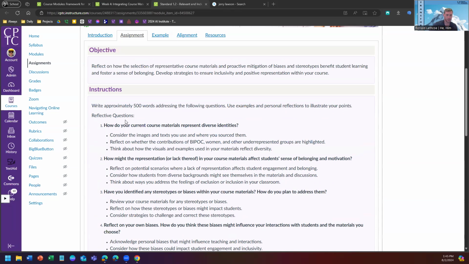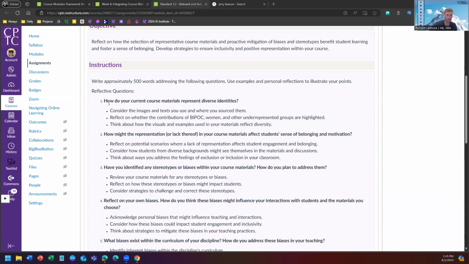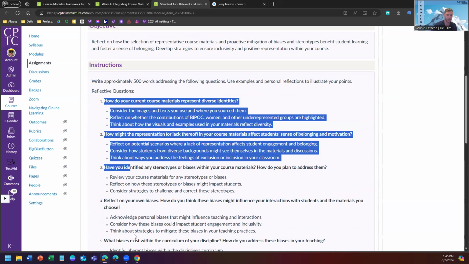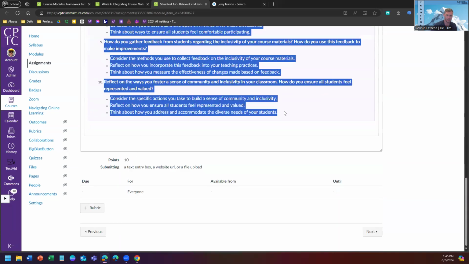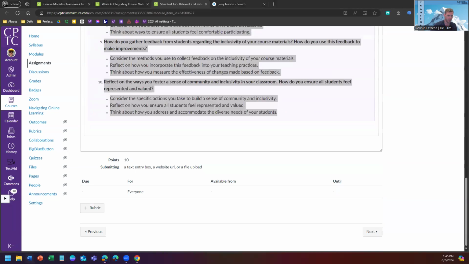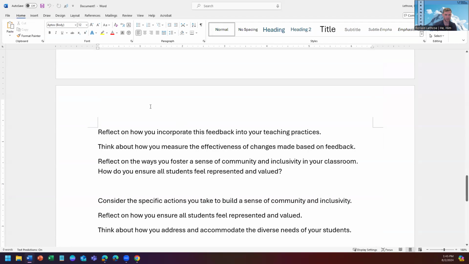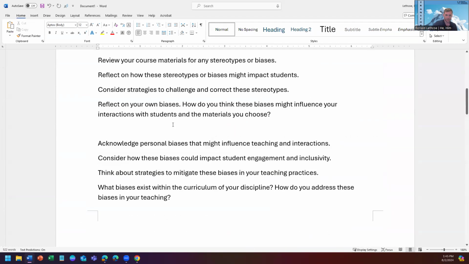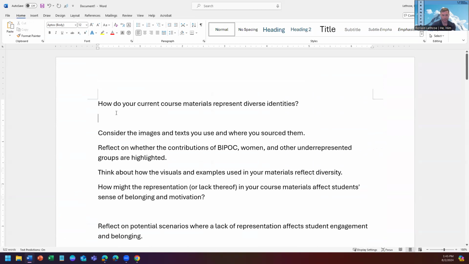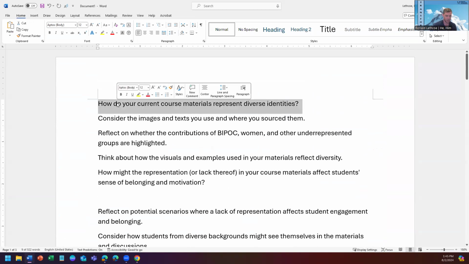A good way to do these reflection questions is to select all of these and copy them into Microsoft Word or a notebook, or whatever word processor is on the Mac. Toss them in there, and then you can start answering them yourself.